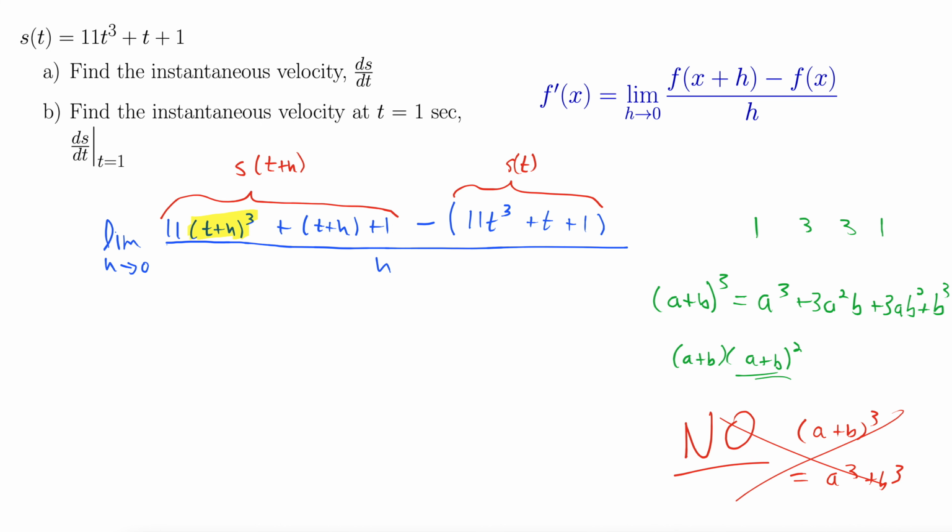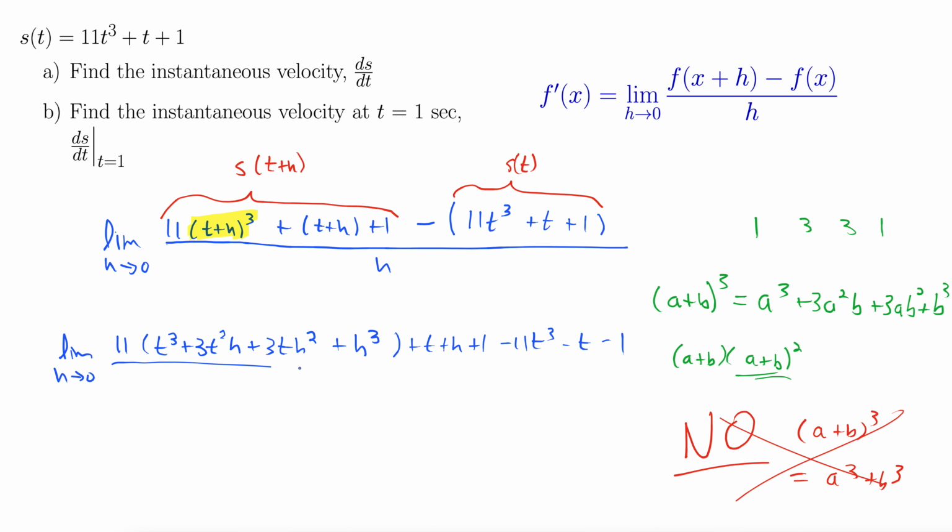Okay, so moving on with this example, we now have the limit as h goes to 0 of 11, now I'm doing that expansion, t cubed plus 3t squared h, t's are going down, h's are going up, plus 3th squared plus, now we're at all h cubed, plus t plus h plus 1 minus 11t cubed minus t and minus 1.